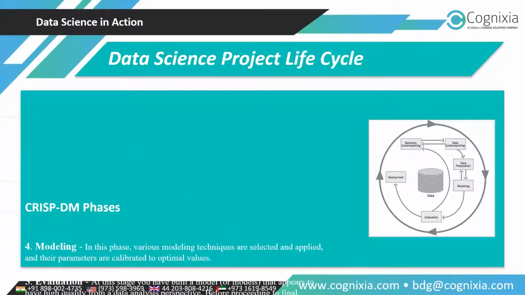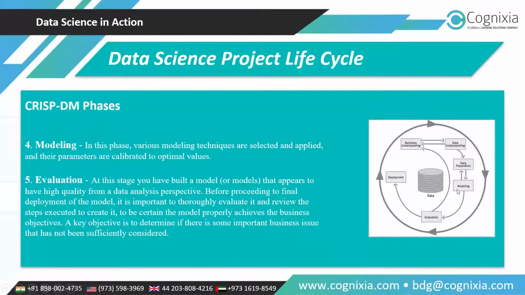Then comes the fourth phase, which is the modeling phase. This modeling phase is not about the traditional data modeling that we generally do in a data warehouse project or in an application development project. Here the modeling is machine learning modeling. So once your data is available in the required format, then you work on the machine learning model part. As I mentioned earlier, you simply select a particular algorithm.